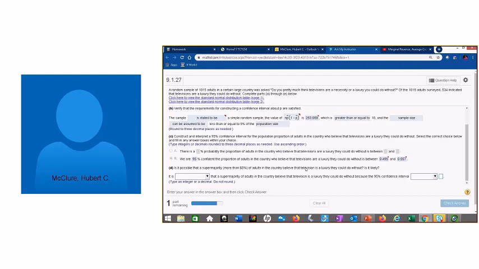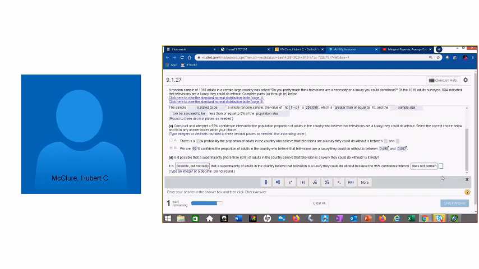Yes, I would say anything's possible. Possible but not likely, maybe, because the 95% confidence interval does not contain 0.60. That's what I would say.